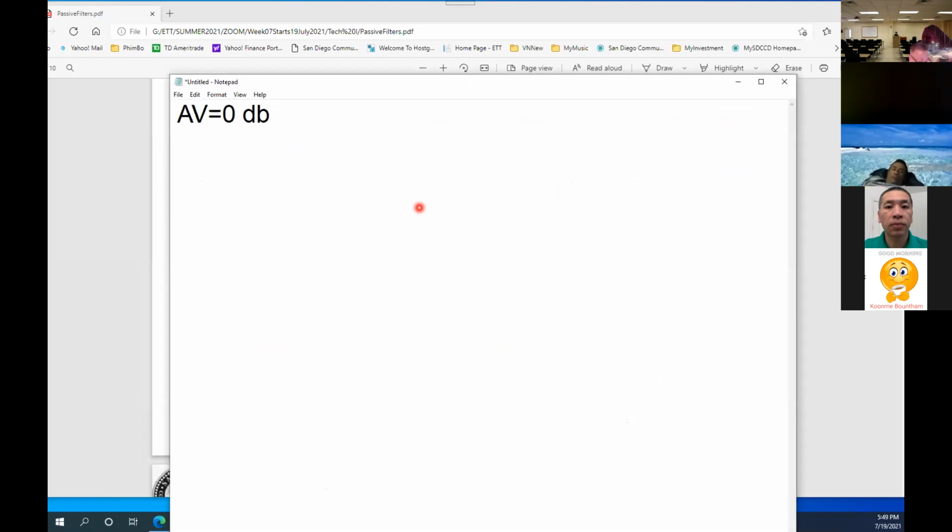Okay, and basically they will be equal V out divided by V in.